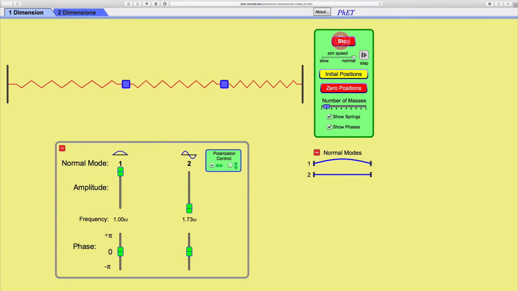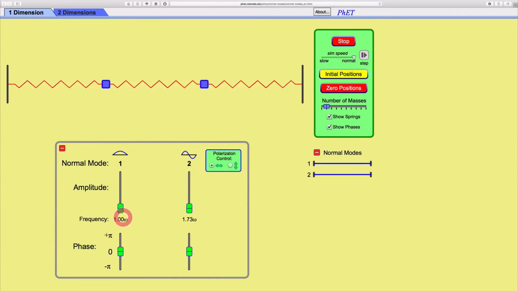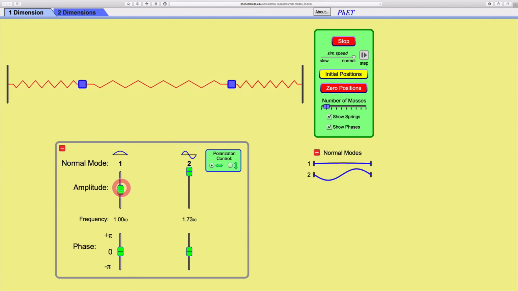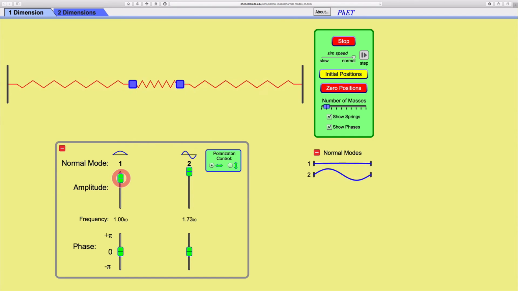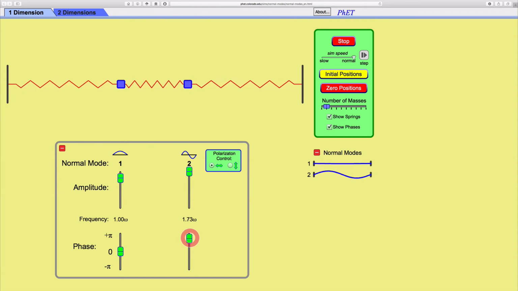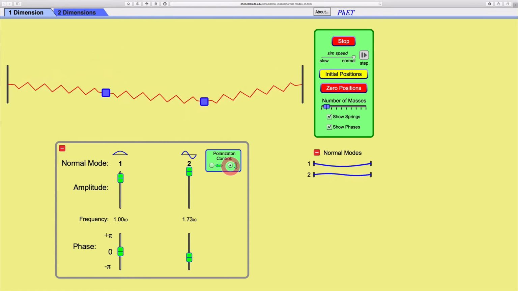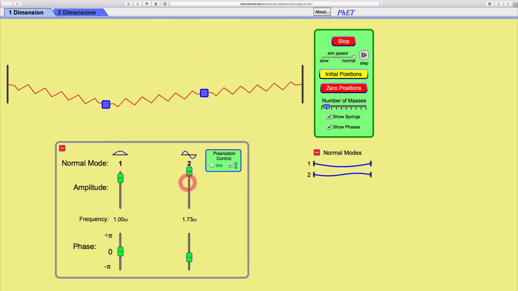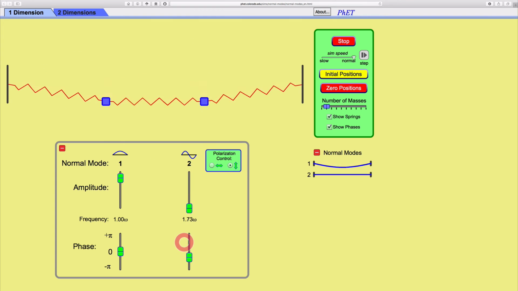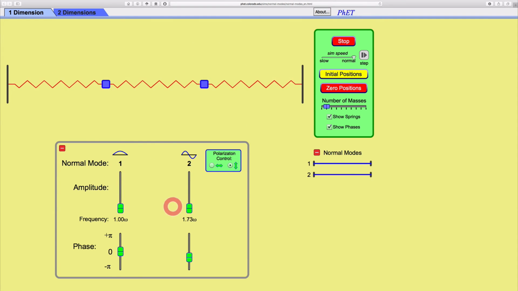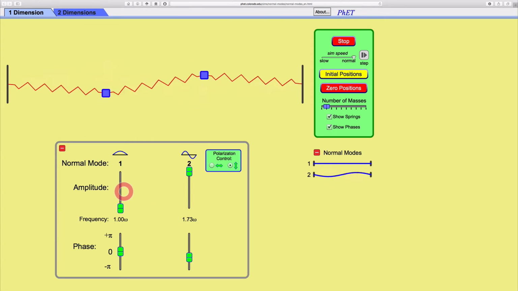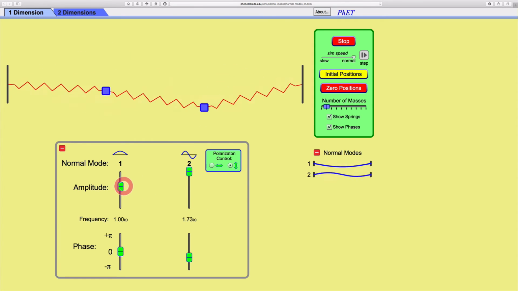So here's the symmetric normal mode. I can turn the symmetric normal mode off and turn the anti-symmetric normal mode on. Or we can look at superpositions of the symmetric and anti-symmetric modes, and with different phases. So that's the horizontal solution. Exactly the same for the transverse solution. Here's the symmetric normal mode, the anti-symmetric normal mode, and combinations of the two.